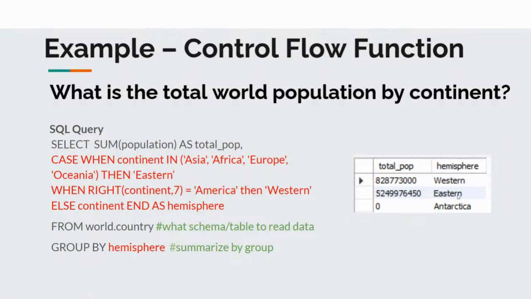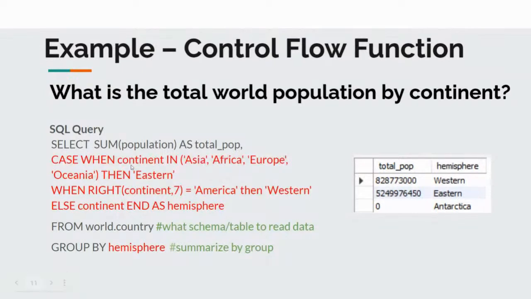So roughly you're just taking North America and South America, even though there are Oceania countries in the Western hemisphere, or else just keeping it as the same continent in this hemisphere. So in this table, that actually grouped all the countries up into the Eastern or Western hemisphere, whether or not 100% accurate, but it still illustrates how you can use WHEN the continent is IN there. You're now creating your own field called hemisphere using conditional logic and even a function inside the conditional logic.